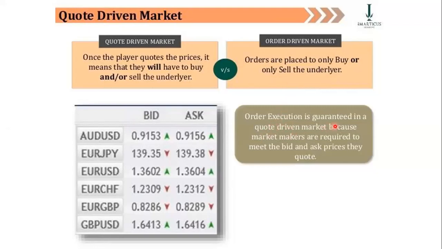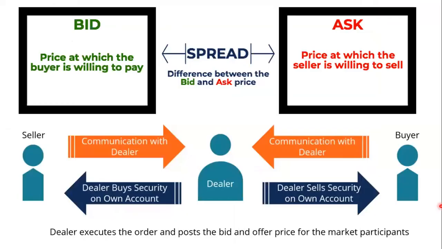Order execution is guaranteed in a quote-driven market because market makers are required to meet the bid and ask prices they quote. When you compare the quote-driven market with the order-driven market, it has more liquidity because in the quote-driven market, the dealers are responsible to perform the obligation.